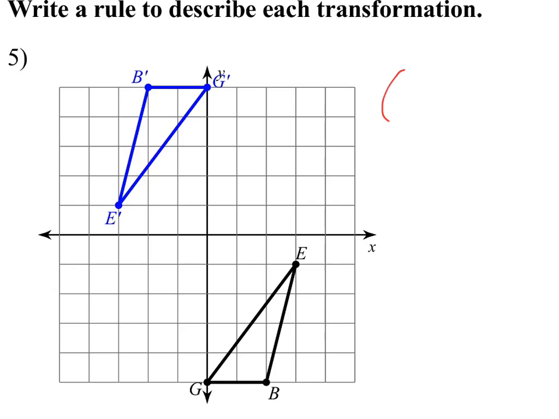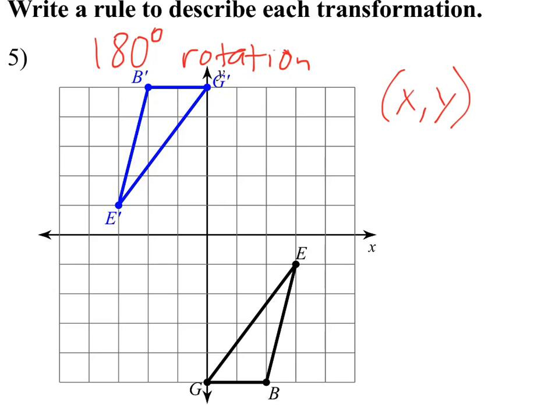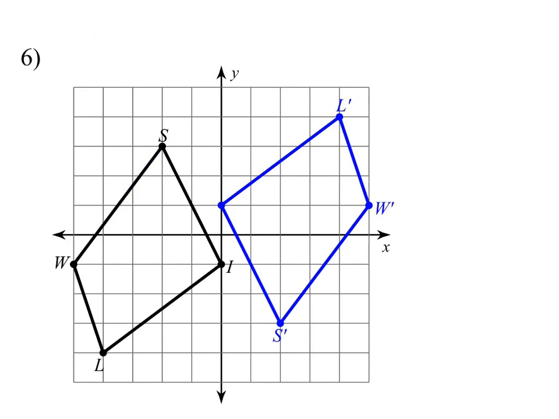These ones are going to write a rule to describe the transformation. It's basically just all this function stuff. So this specific transformation is a 180-degree rotation, which, if you were to write it as a function, you just change the sign on both of them, (-x, -y), and you're good to go. On 6, this one is also a 180-degree rotation, and the function is still the same.